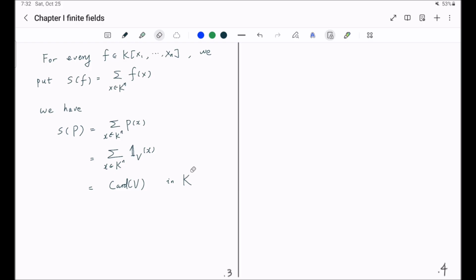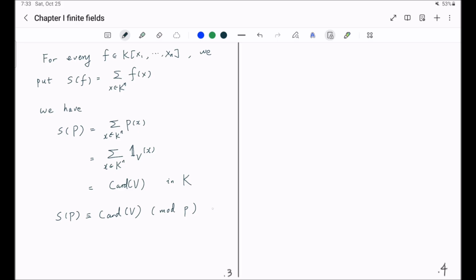Because K has characteristic p, if you want to write this in a number theoretical way, it should be that S of P is congruent to the cardinality of V modulo p.